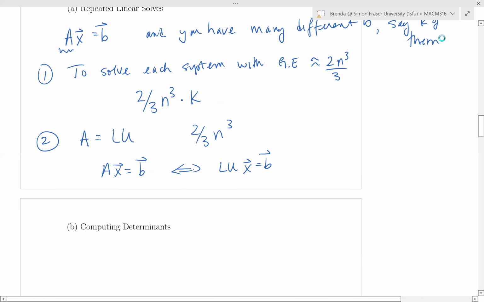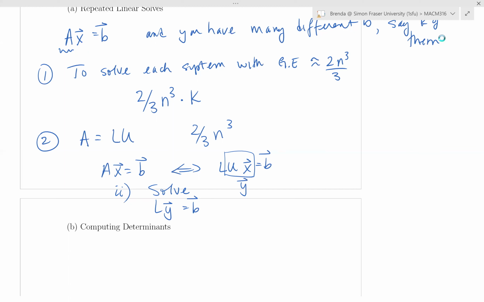Then what we do in this case is we group these two together like that. We're going to call that y. So we're going to solve Ly equals B by forward substitution, because L is a lower triangular matrix.